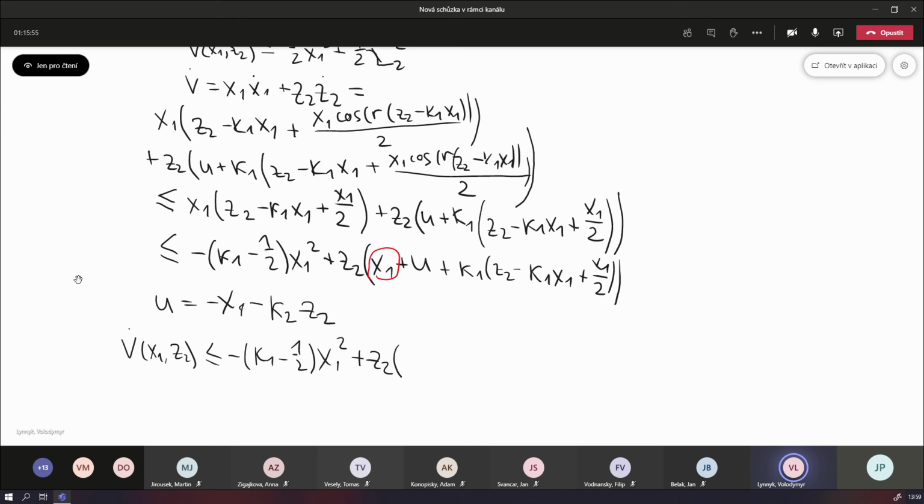Now we put this u here, and we cancel this first x1, and we stay with k1 minus k2 z2, and this term plus k1 z2 minus k1 x1, and plus x1 divide 2.